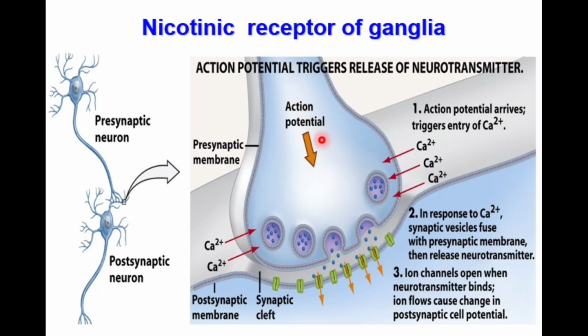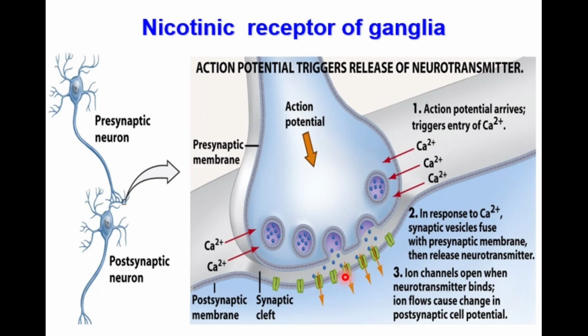Arrival of action potential to the nerve terminal of the presynaptic neuron results in acetylcholine release by calcium-mediated exocytosis into the synaptic cleft. It is only 20 nanometers wide. Acetylcholine diffuses toward the ganglion cell body and interacts with nicotinic receptors.